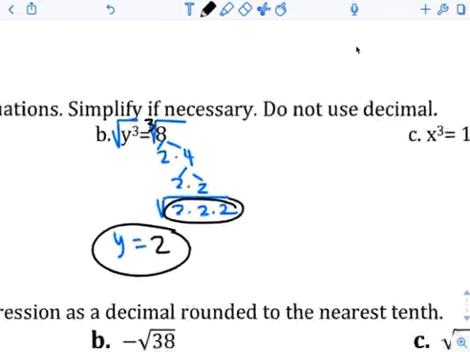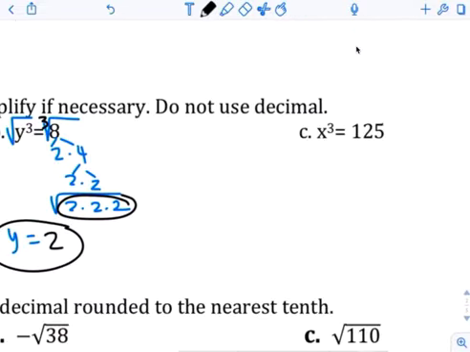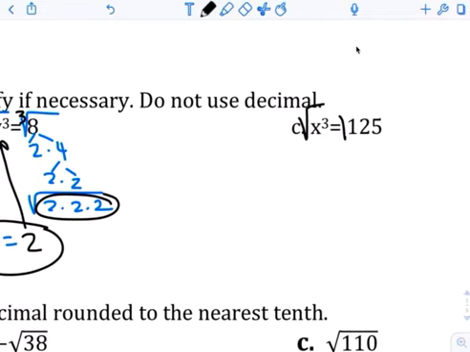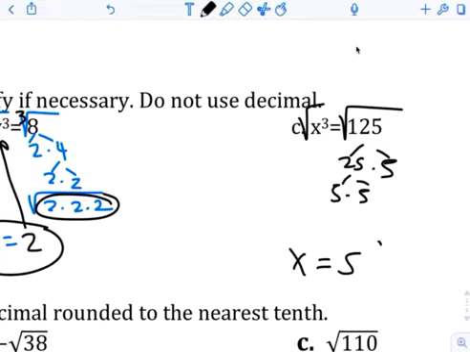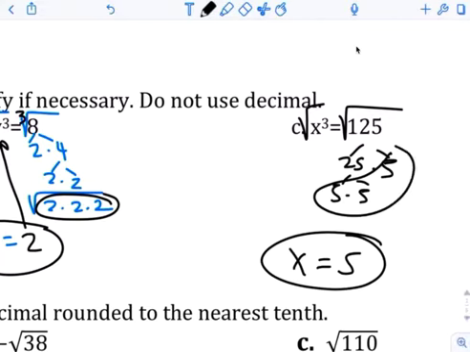Y is 2, because 2 times 2 times 2. If you put this, get that. Okay, same thing here. 5 times 5 times 5, yep, x is 5 times 5, right? So x equals 5, because there's 3 of them.